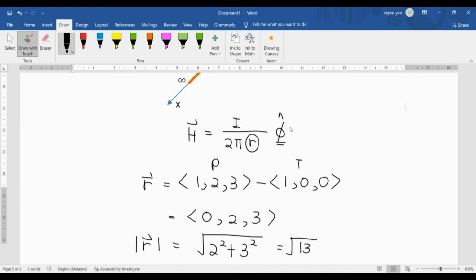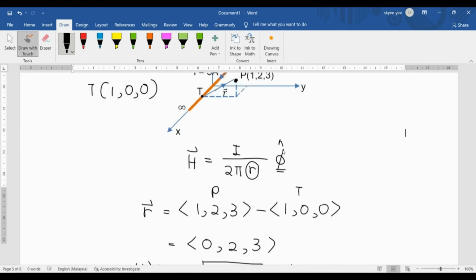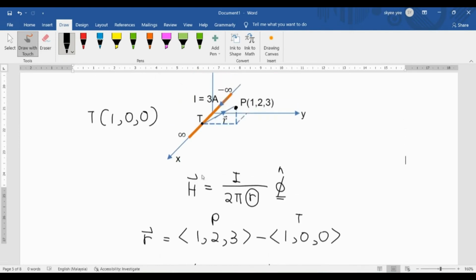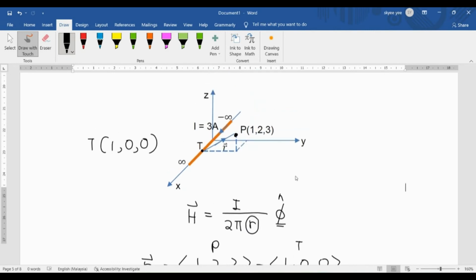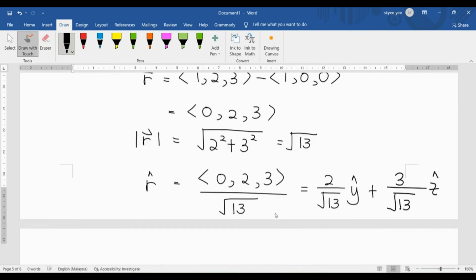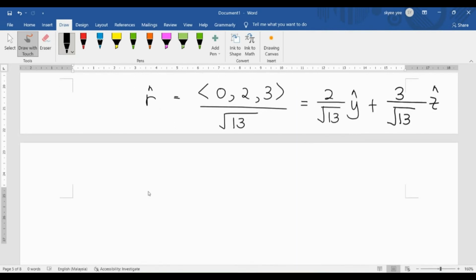Let's look at this one. This one is showing the direction of the magnetic field. Why not you try to tell me before you calculate this? Oh no, this one you cannot, because it has two directions. It's okay. So we go to this one.